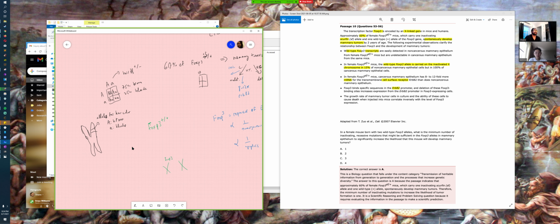So that's what the mouse has, and they're asking what's the minimum number of inactivating recessive mutations that might be sufficient in the FOXP3 alleles in mammary epithelium to significantly increase the likelihood that this mouse will develop mammary tumors.